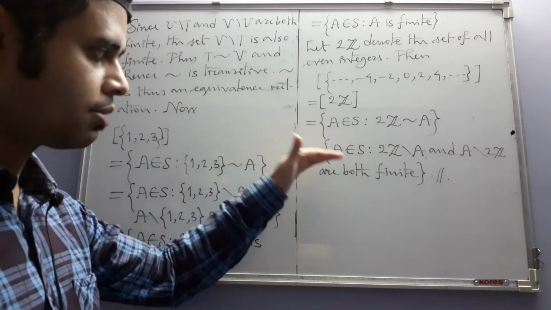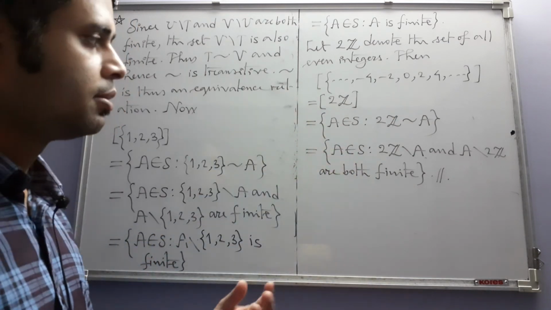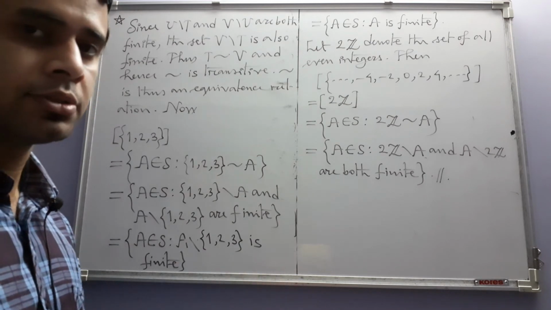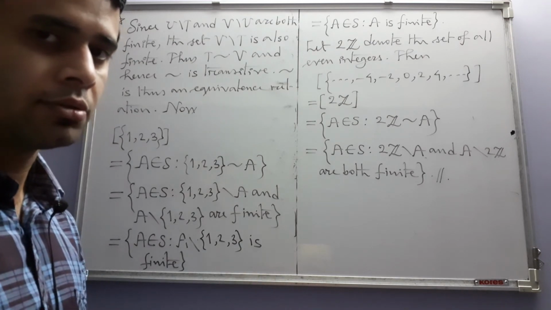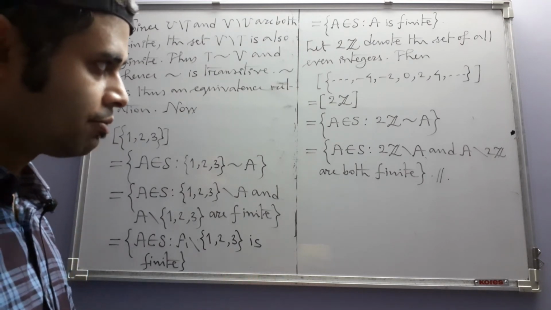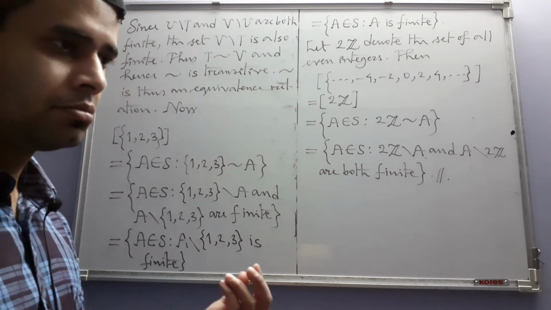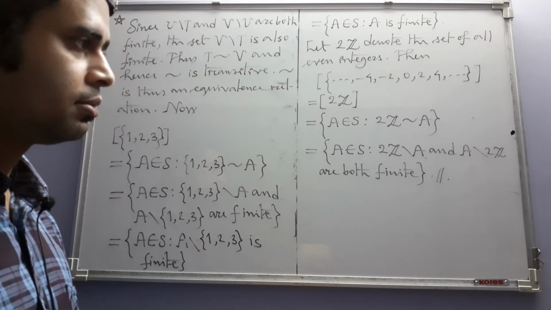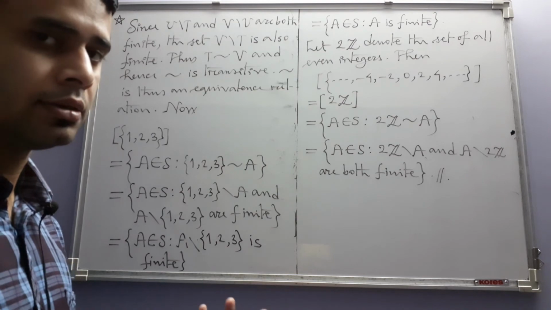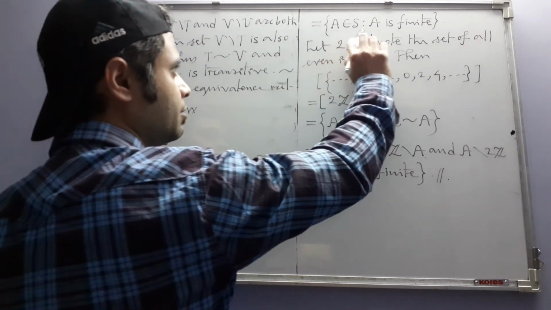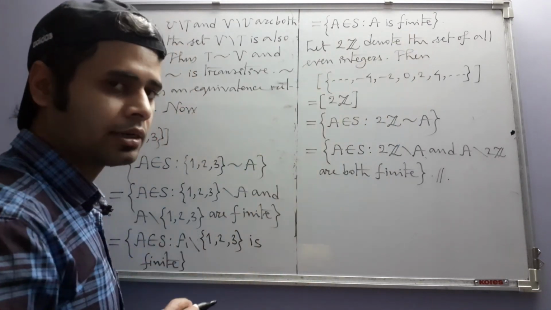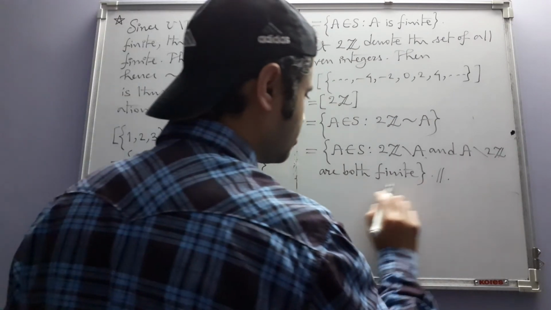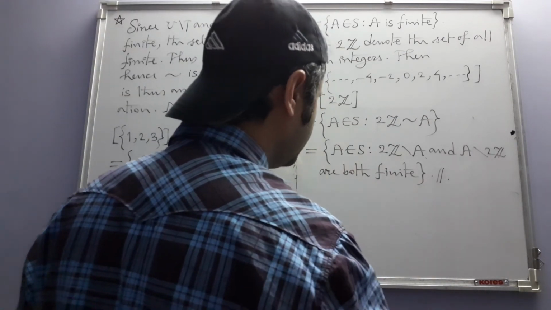You somehow come up with something new. Maybe you will be able to say something definite about a, or maybe you will be able to precisely say what a is or how a looks. For example, here we have said that a has to be finite, something like that. So I leave this incomplete here.